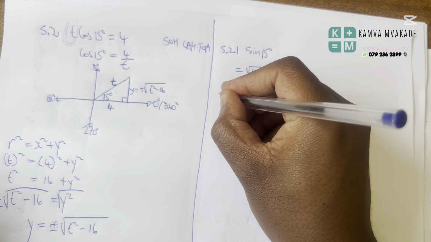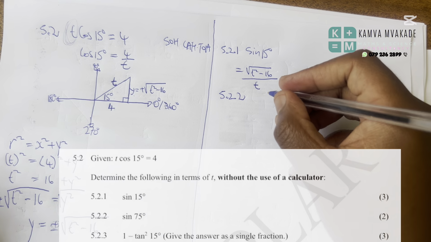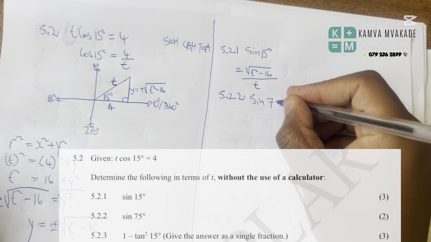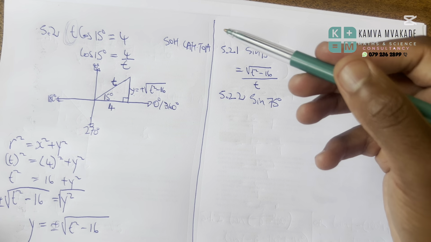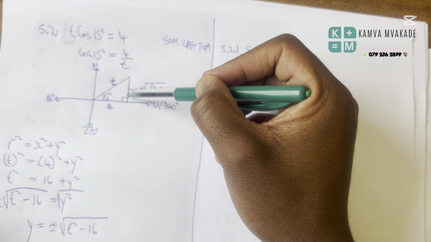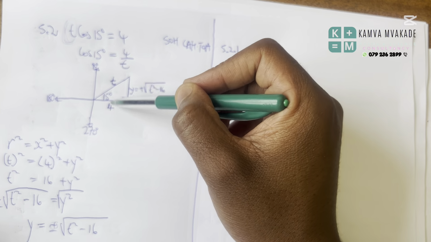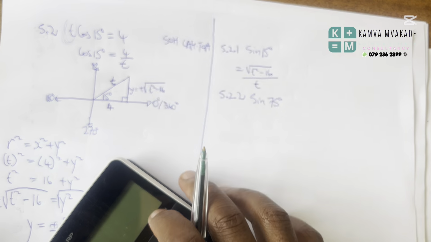Okay, the one at 5.1.2.2 we have sine of 75 degrees. With that, good people, if you are given an angle like this one, please complete the triangle there. Sum of angles of a triangle is 180. So we're looking for that angle.